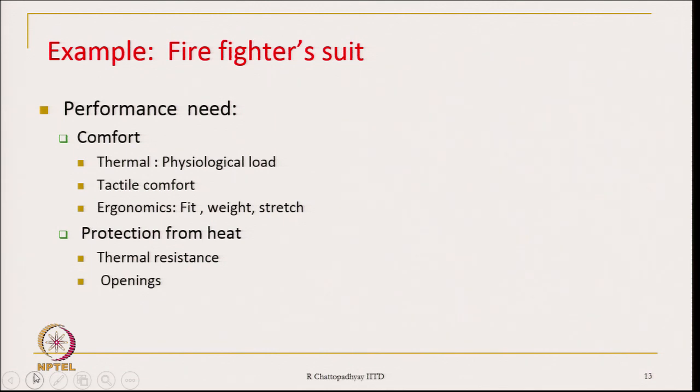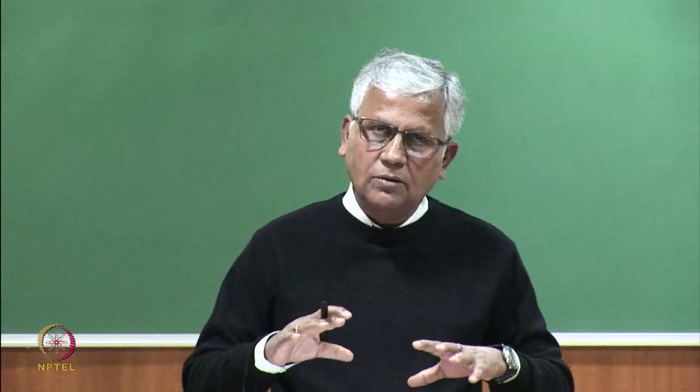So, primary need, secondary. Similarly, another primary need is protection from heat, and the secondary needs are thermal resistance and the openings that we have in the garment. Here we are discussing the firefighter suit as the complete ensemble. It is not just the fabric, it is the complete product.